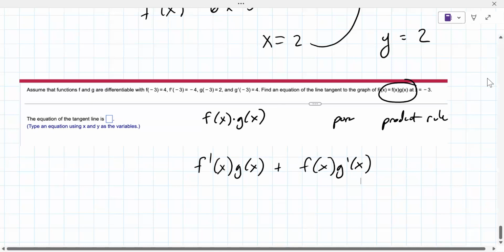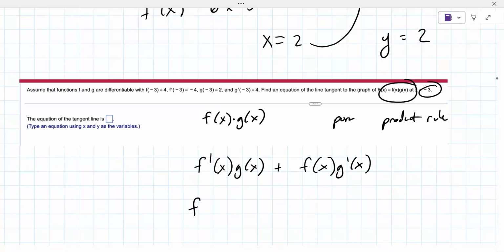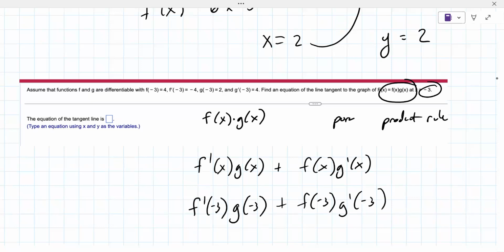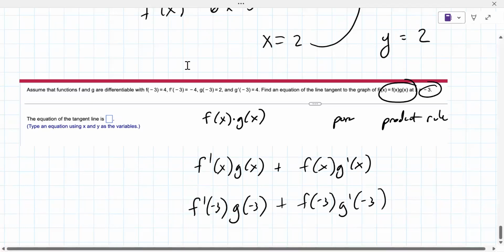Then we're evaluating it at x equals -3: f prime of -3, g of -3, plus f of -3, g prime of -3. You just have to put those values in. So f prime of -3 is 4. Actually, why don't you carry this one out here? Get the value for g of -3, f of -3, g prime of -3, multiply, and then add, and let me know what you come up with.